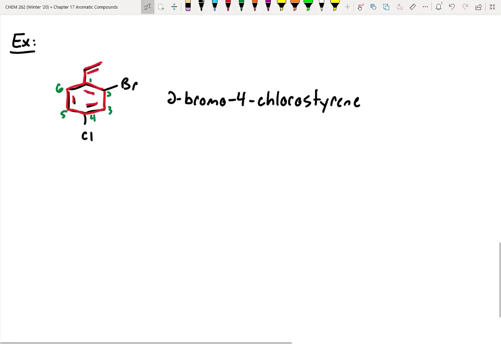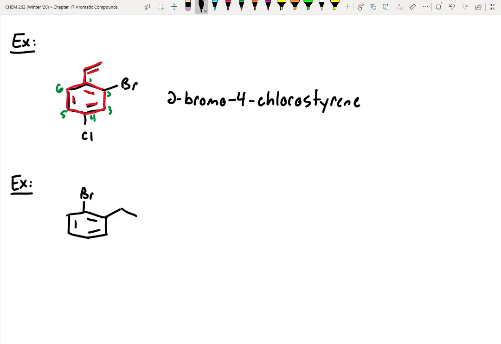All right, let's do one more. This one might be a little bit different. What do you think the parent's going to be for this one? So toluene has to have a methyl group.